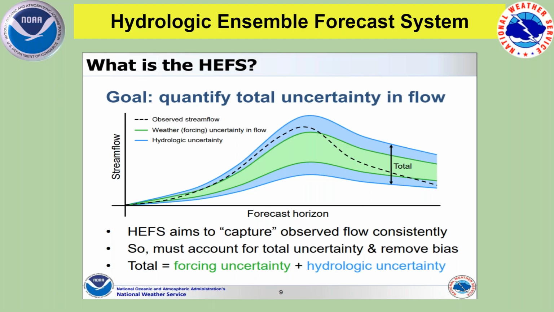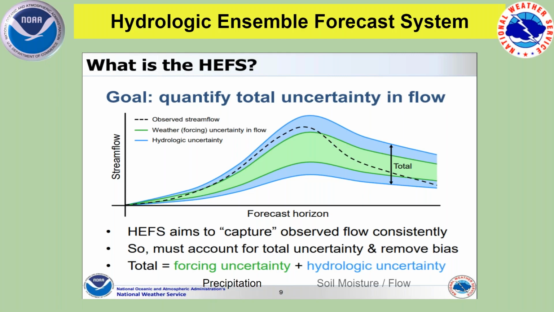So the point of doing an ensemble forecast system, and this is with respect to river levels and forecasts out to 10 days, we're attempting to quantify the total uncertainty in the forecast flow. Those sources of uncertainty come from your forcing uncertainty, mainly precipitation, because that's what's going to put all that water in the streams and make them go up, right?